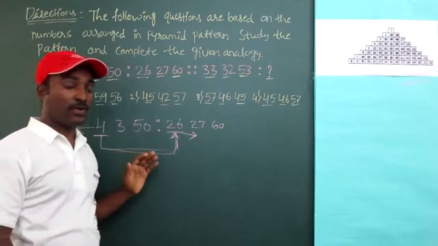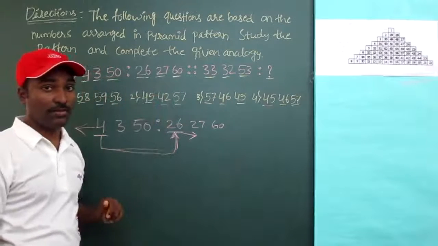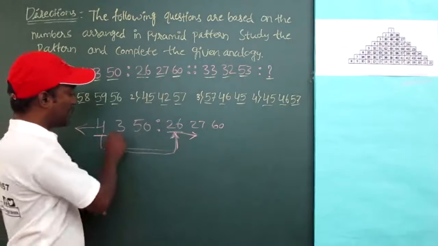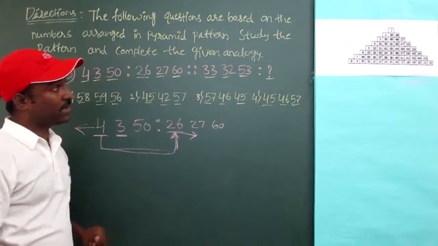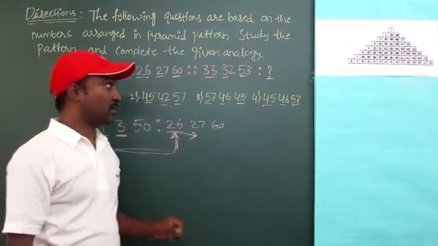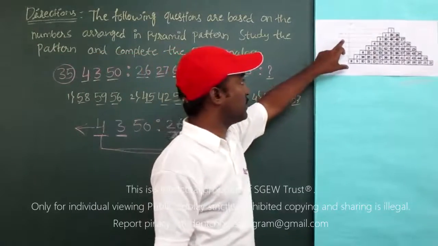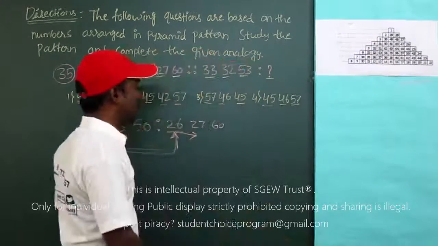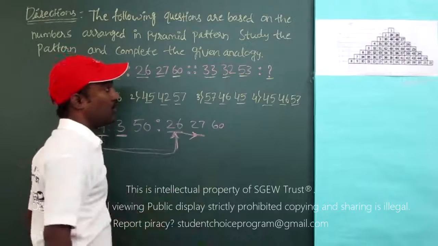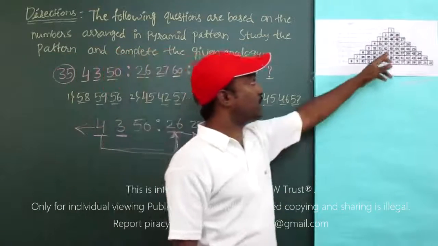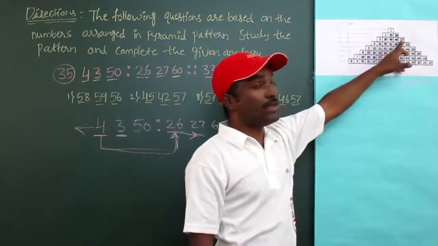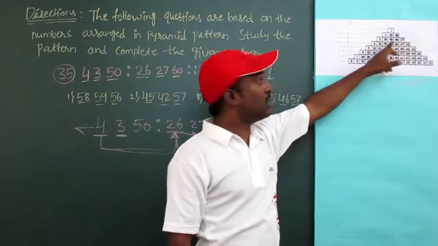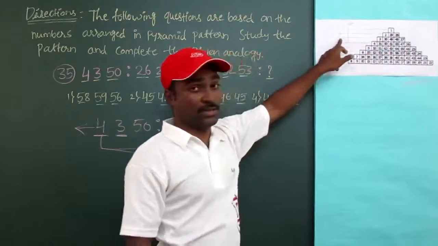Now, the next number is 3. 3 is located at row number 6, and we have to get 27. 27 is located at the extreme end of row number 6.